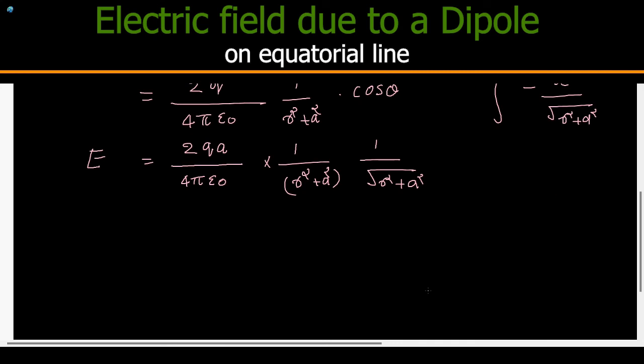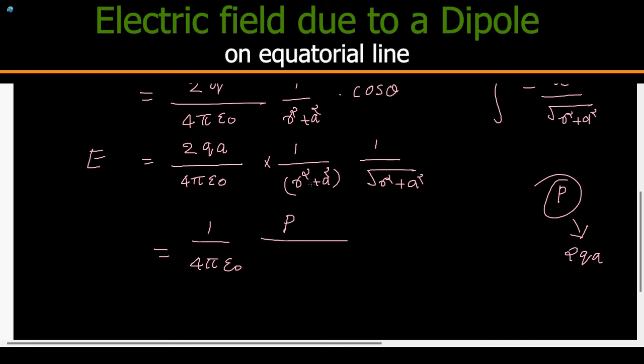So let's resolve and rearrange. We know the value of 1 by 4 pi epsilon 0 very clearly, so let us take that outside. 2qa is the dipole moment p, so instead of 2qa, let us substitute p. So p, the dipole moment, divided by r square plus a square raised to 1, and root of r square plus a square you can write as r square plus a square raised to 1 by 2.